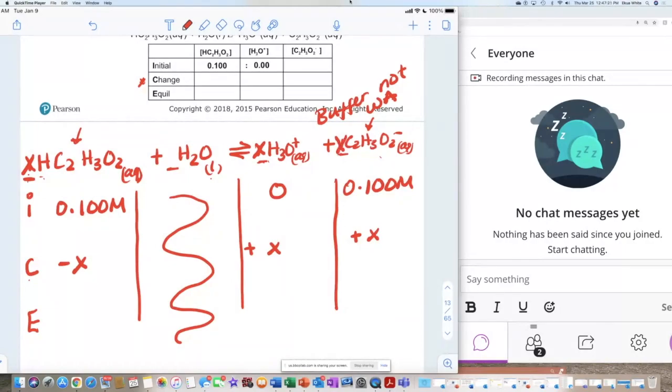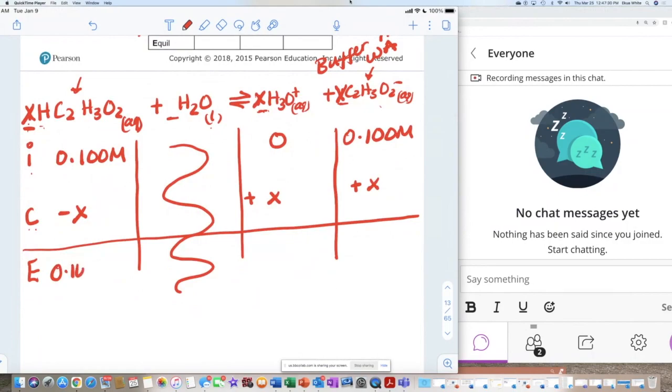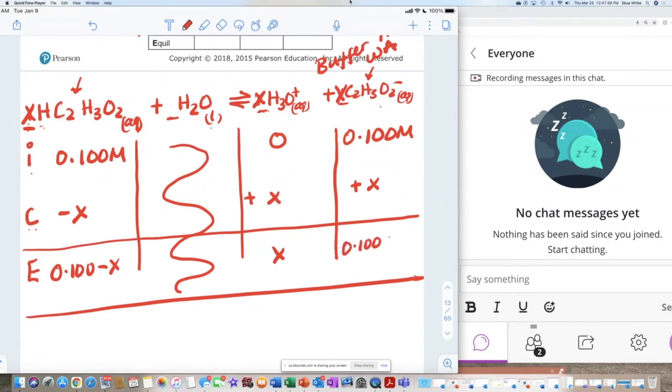For equilibrium, take the initial, add change. So it's going to be 0.100 minus x, 0.100 plus x. I'm going to leave the units out just to keep it less complicated.